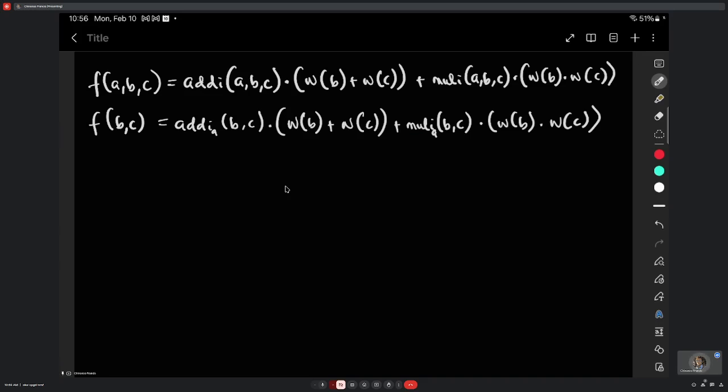So after sum check, at each round of the sum check protocol, the verifier sends a random challenge, right? So at the end of the sum check protocol, we are going to have random values for b and c.